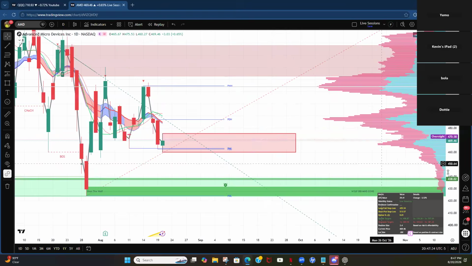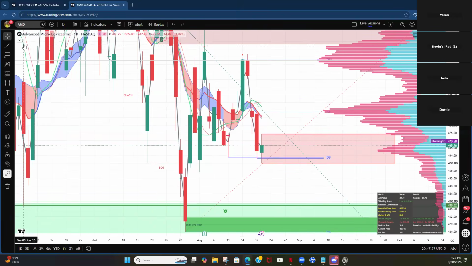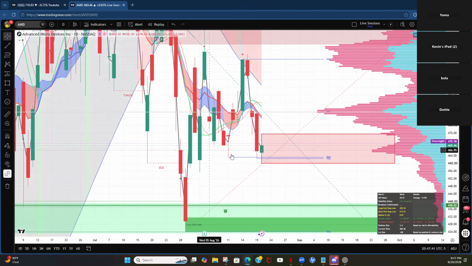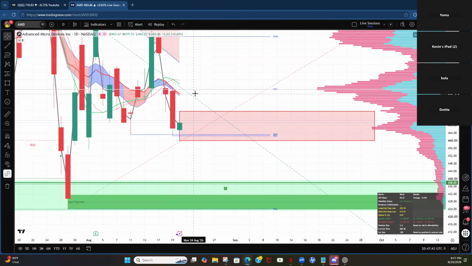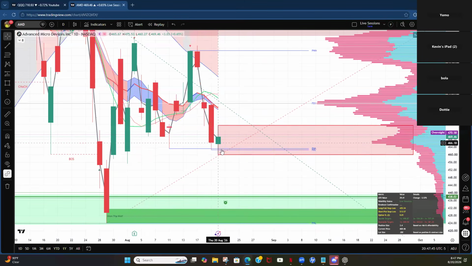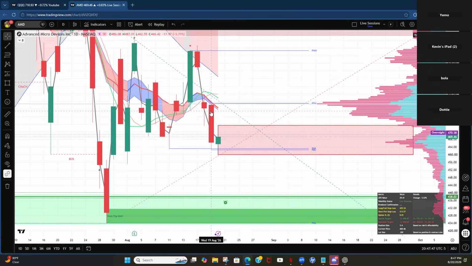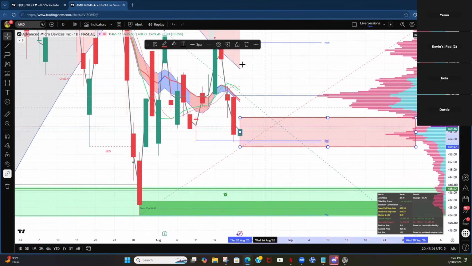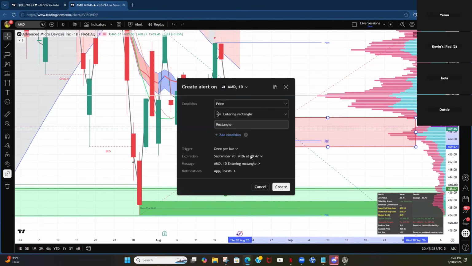Now we're off of the 12 EMA. We are also trading still within Wednesday's candle, which was a negative 1797. So honestly, just draw your box on AMD and set an alert. See if we break out of that box or not.